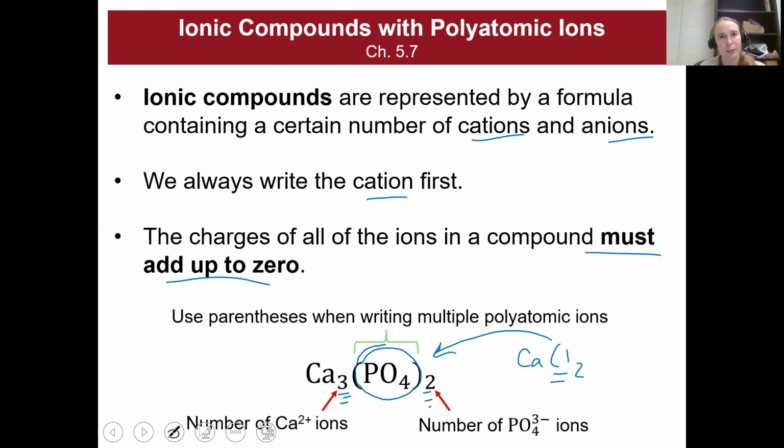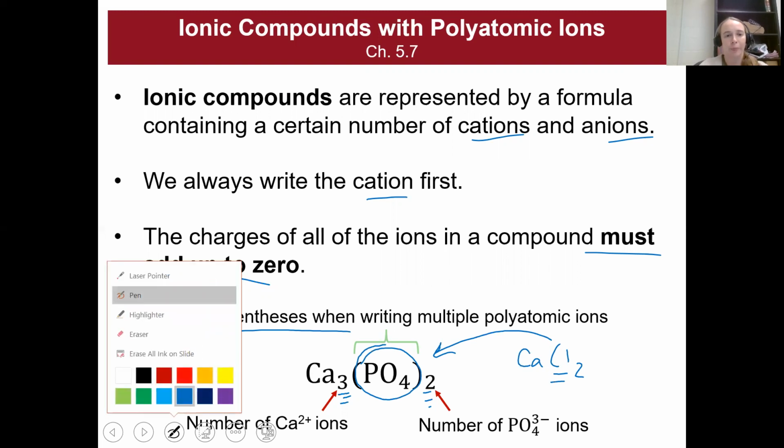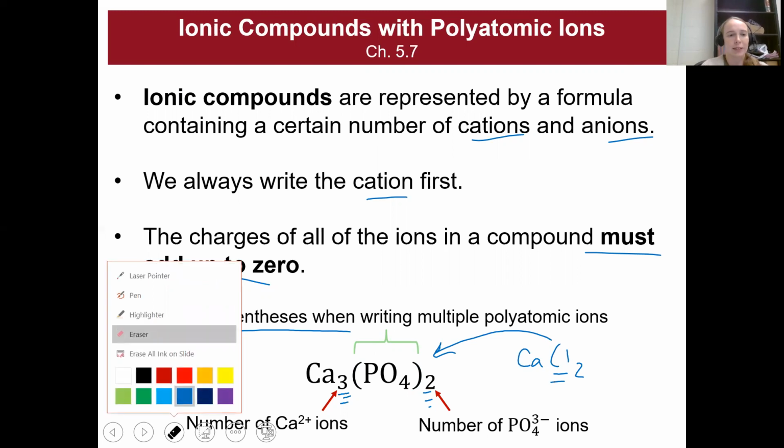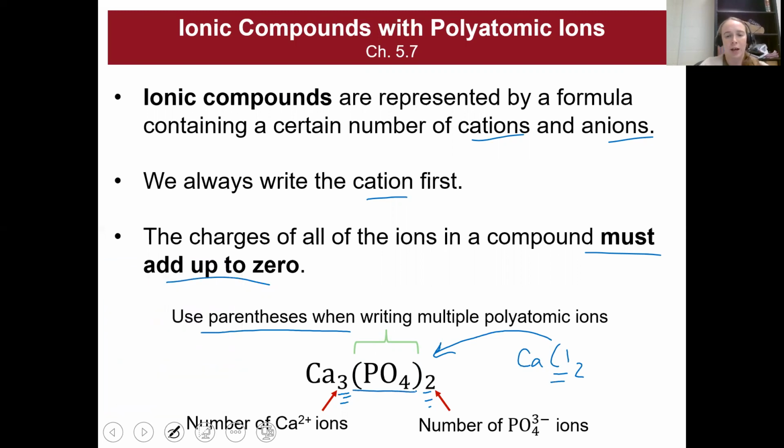So that polyatomic ion has to stay together, and that's why we use these parentheses when we're writing polyatomic ions with subscripts. So I'll erase that so you can see the parentheses better. So that means there are 2 phosphate ions in this molecular formula.